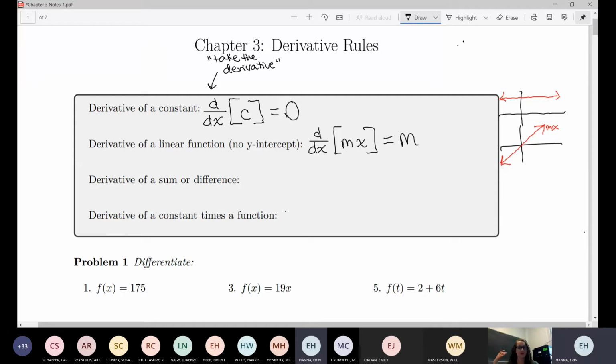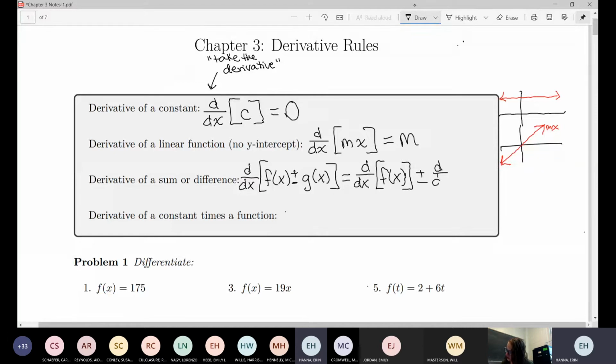And now we get to the ones where you kind of just have to trust and believe me. If you want to take the derivative of essentially two functions that are added or subtracted, which is what I'm doing in the middle, you take the derivative of the first function and you add or subtract it, depending on which one you started with, to the derivative of the second function.